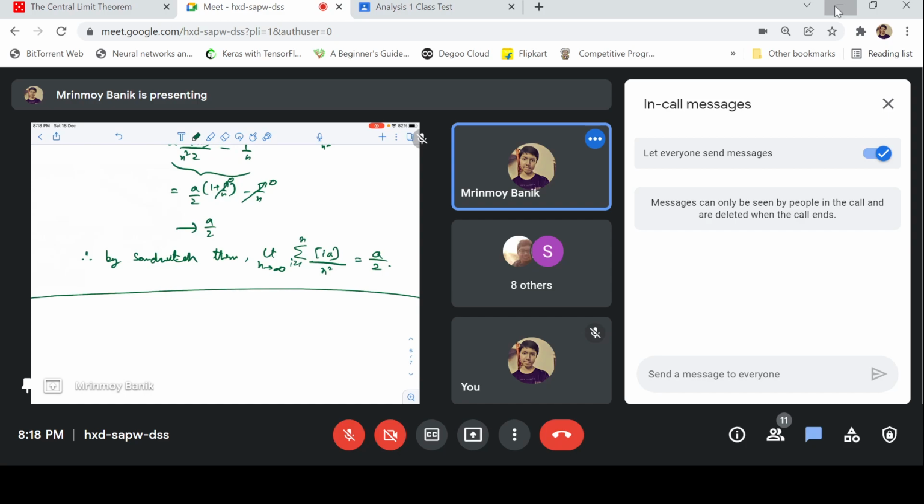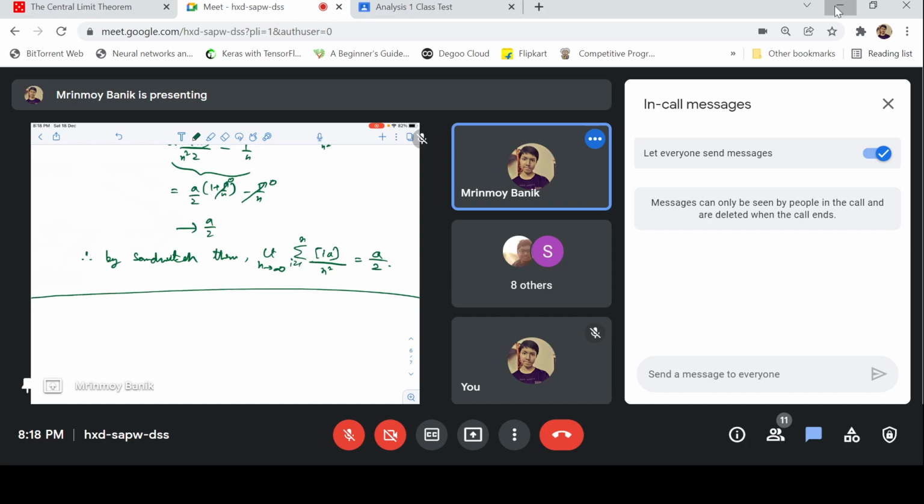So how do we negate this statement? The negation is: there exists epsilon positive such that for all N in natural numbers, there exists n greater than N such that mod of f of xn minus f of a is greater than or equal to epsilon.